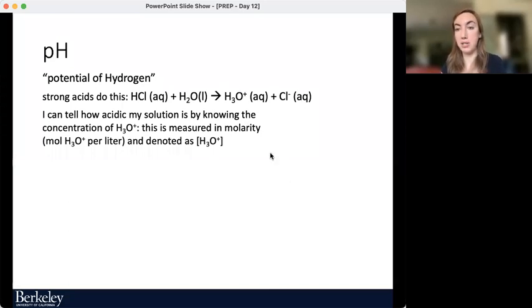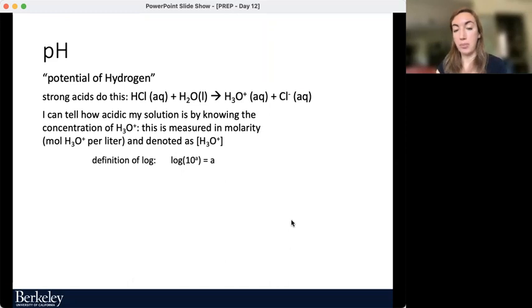And so I can measure my concentration of H3O+ in molarity, which we talked about yesterday. Sometimes we put that in brackets. So instead of writing 5 molar, we just put brackets around H3O+ equals 5 molar. It's the same thing. So I can measure my concentration of H3O+ in units of moles per liter.